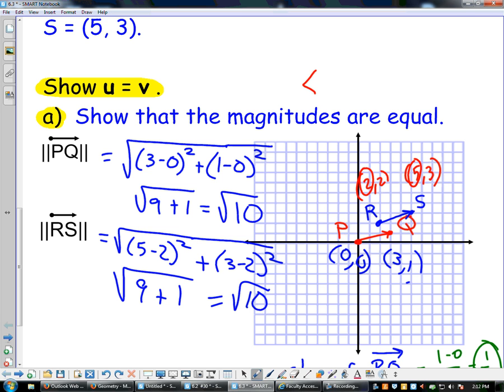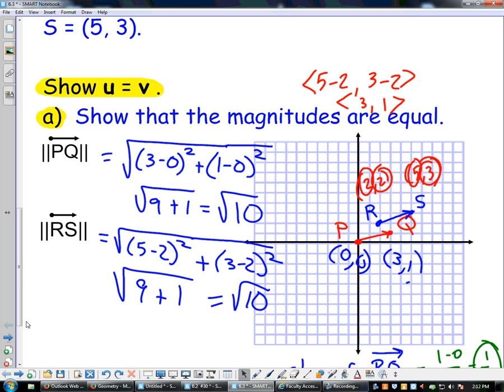We're not doing anything with midpoints. We're taking the distance between our x's and our distance between our y's. So 5 minus 2, comma, 3 minus 2. And guess what we get? We get 3, comma, 1. So it's going to have the same component form as PQ.